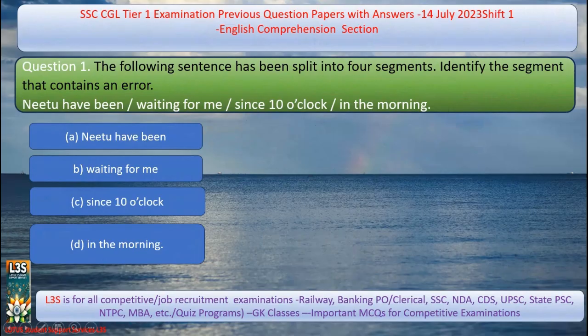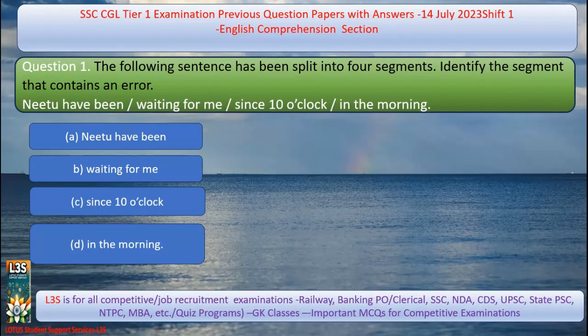First question was, the following sentence has been split into 4 segments. Identify the segment that contains an error. Need to have been waiting for me since 10 o'clock in the morning. So which section has the error? We have to find out.